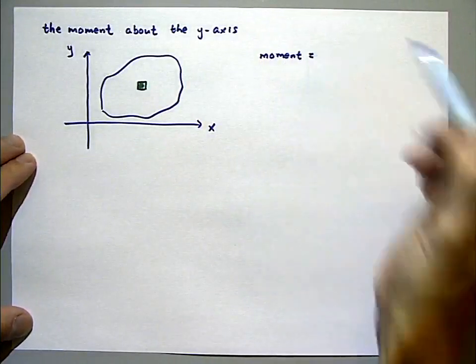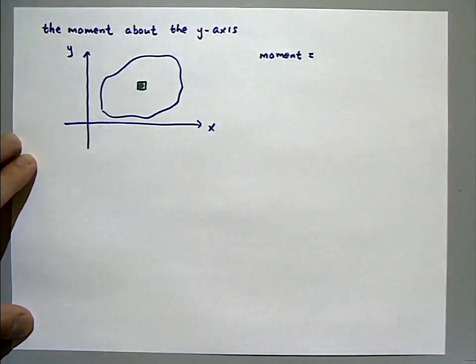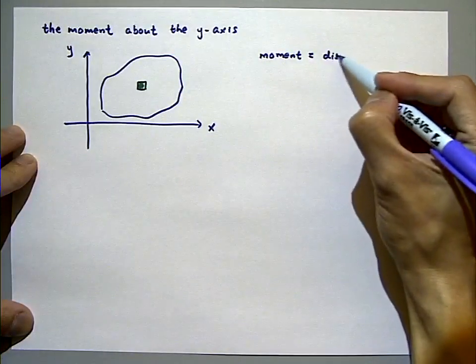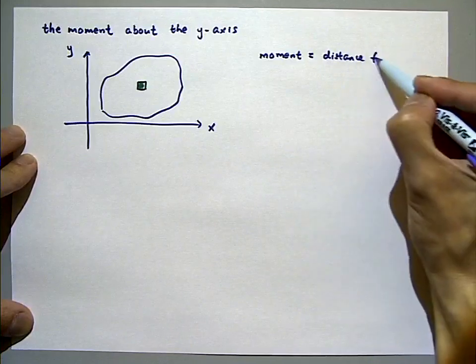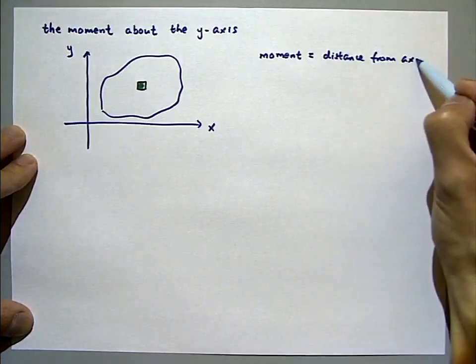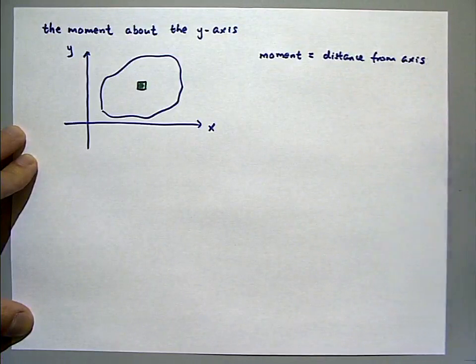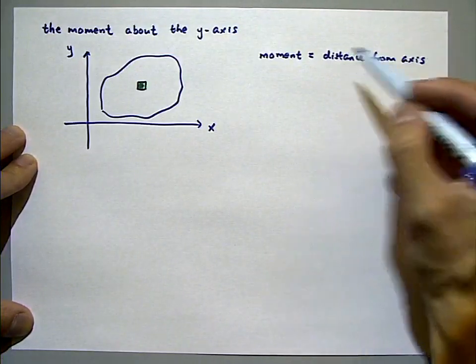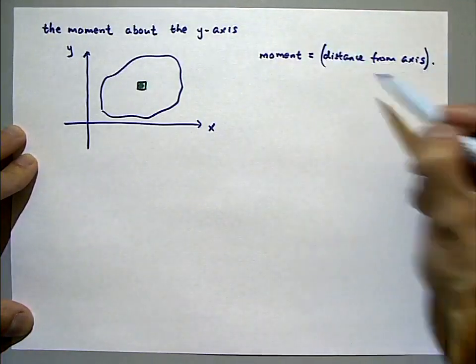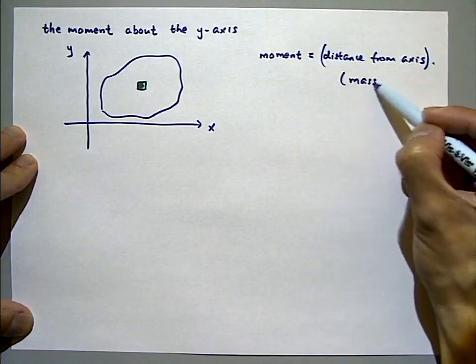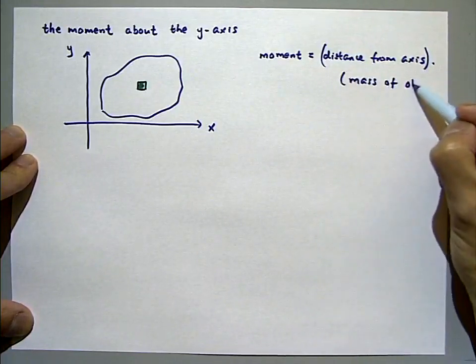And in this context, the moment of an object from an axis is equal to the distance from the axis multiplied by the mass of the object.